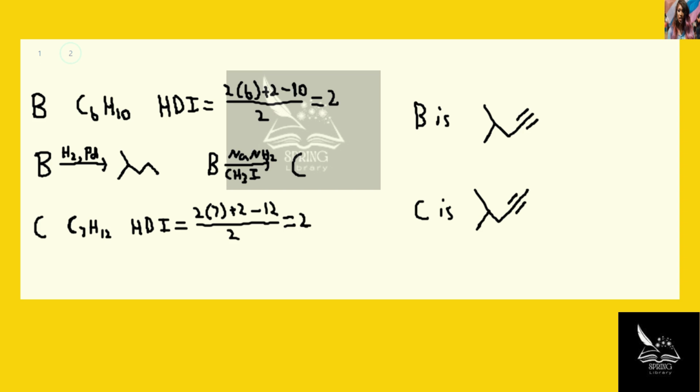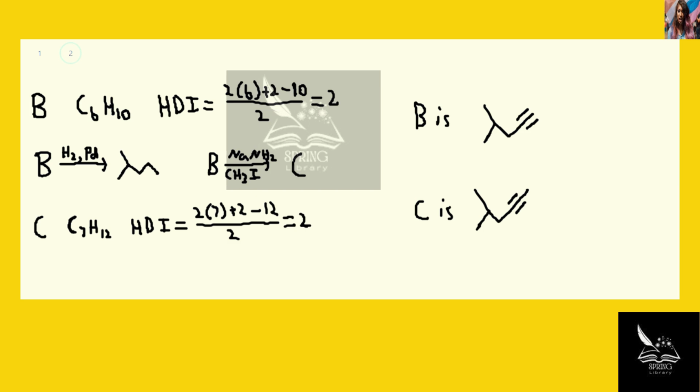The other piece of information that we're given is that when B is treated with sodium amide and then methyl iodide, we get molecule C. And molecule C, we're told, has this formula here, C7H12, and its hydrogen deficiency index is also 2.